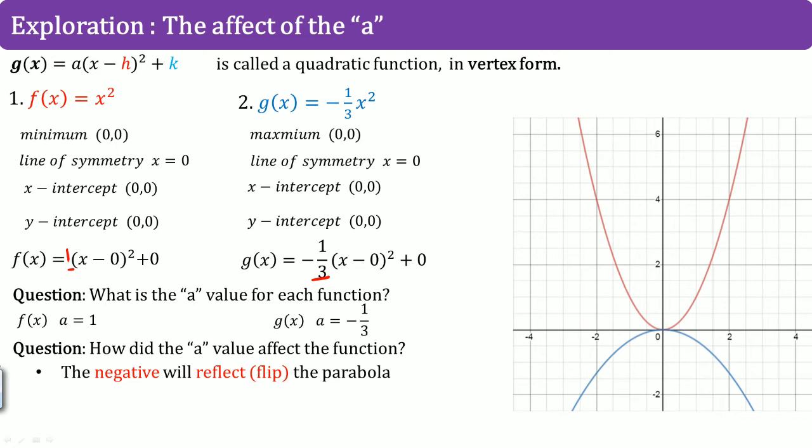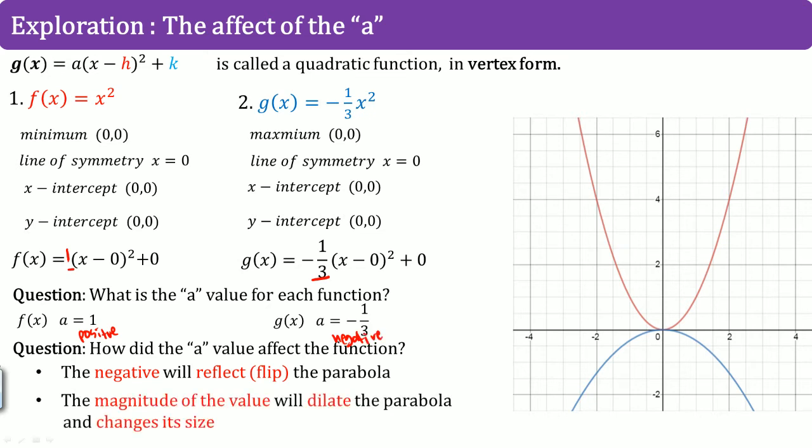That is why this one is positive and opens up, but this was negative and opens down. That fraction, 1/3, changes the size of the parabola. Notice that the blue is slightly bigger or wider than the red, f of x.